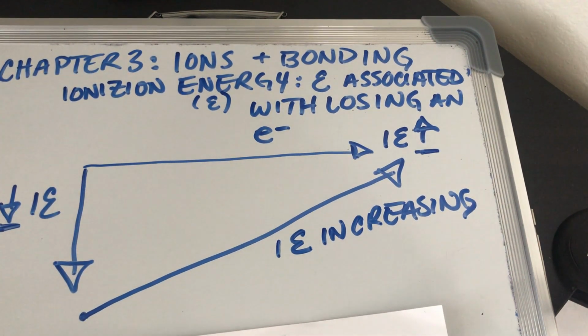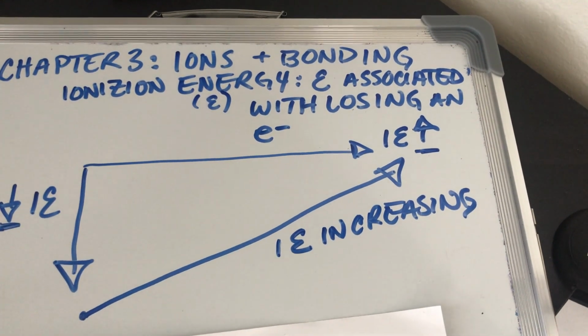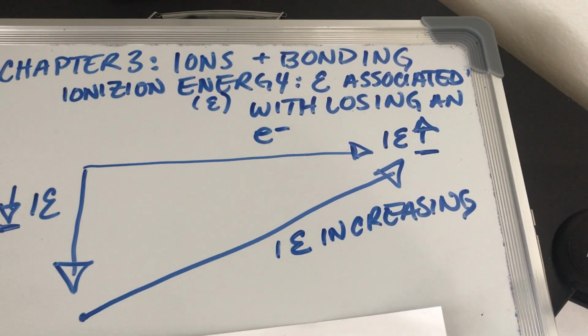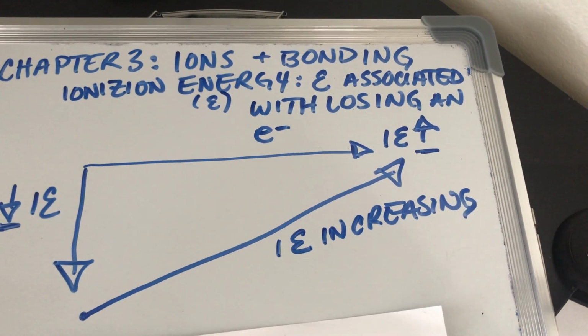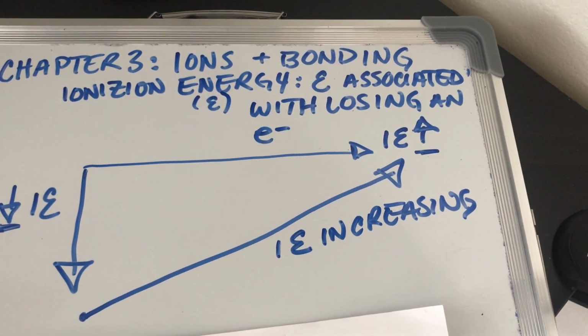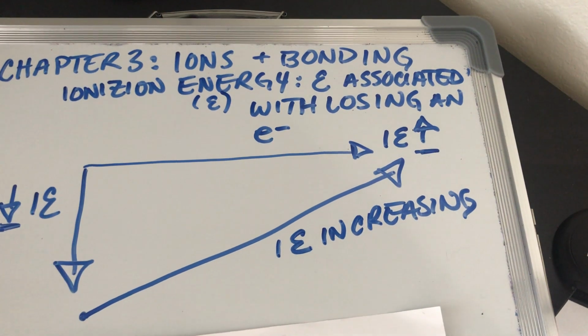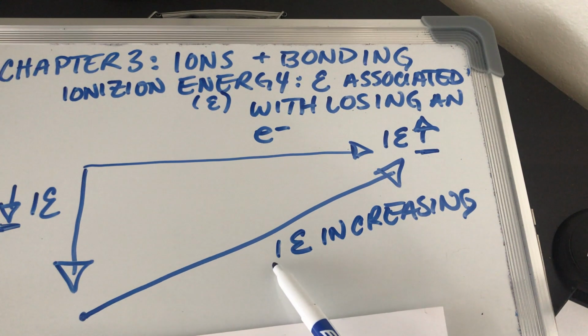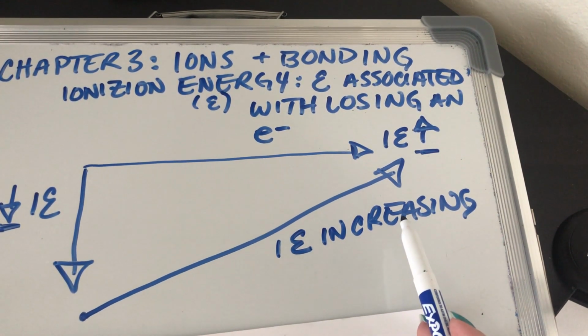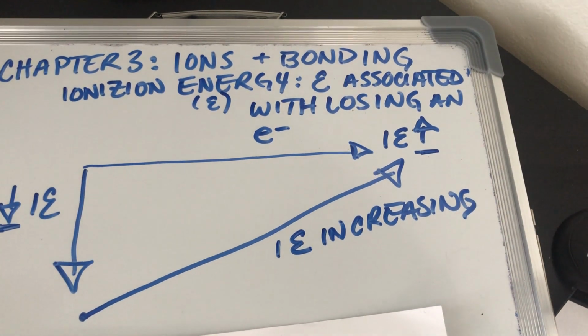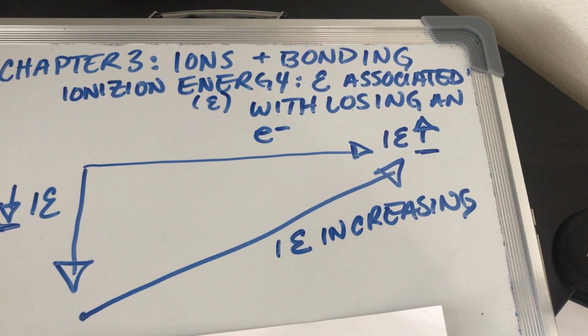When we gain energy, or lower our overall energy, that's when we're happier. Our costs are lower, everything's easier. Does that make sense? So you can think about ionization energy in terms of how much it costs to get rid of an electron. Other questions about that?